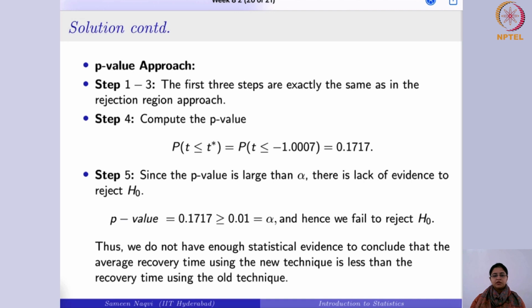Okay, so what we have seen till now is that we have considered the two methods of hypothesis testing. One is the rejection region approach and the other one is the p-value approach, and we have looked at the test for the single mean. There are two situations: when sigma is known, the test statistic varies, while when it is unknown, the test statistic is something different, in terms of the t distribution.